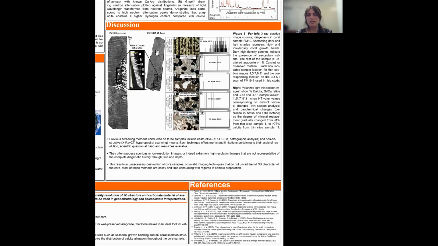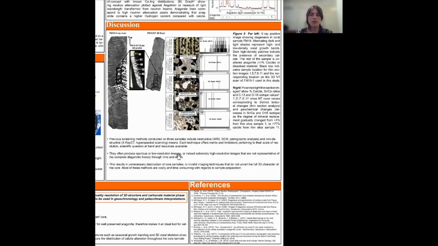So each of these techniques offers their merits and limitations pertaining to the scale of resolution, the scientific question at hand, and the resources available to the researchers. And previous studies show that these methods often produce spurious or low resolution images, or indeed high resolution images that are not representative of the complete diagenetic history through time and depth.